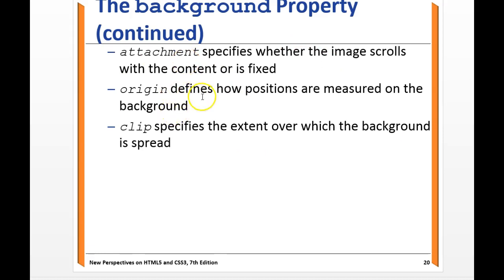The origin defines how positions are measured on the background. And clip, the last thing that we have discussed, specifies the extent over which the background is spread. The clip type could be content box or border box, or something like that. It depends on what you want to put in there for the property.